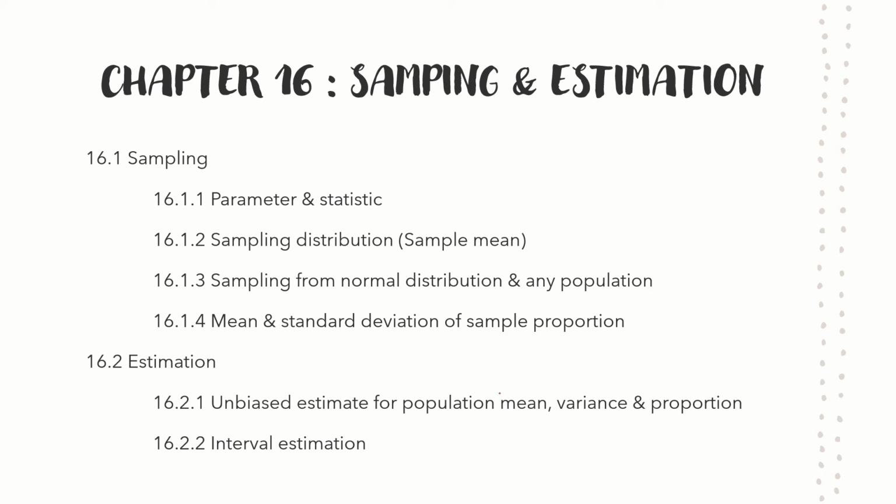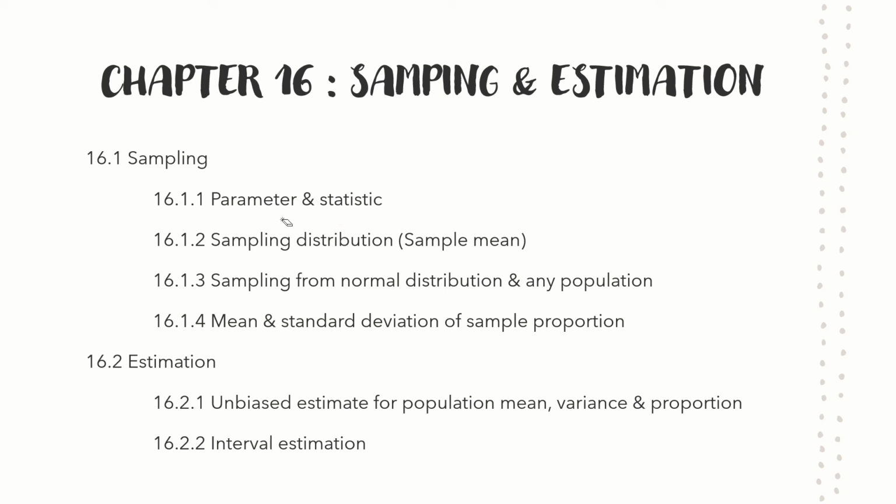So in conclusion, I can say this chapter is the most difficult chapter for you. When you start learning this chapter, you may have a lot of confusion, maybe between parameter and statistic.